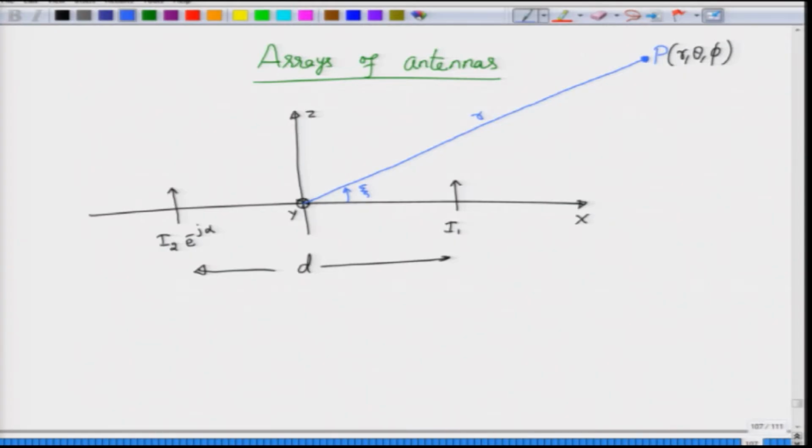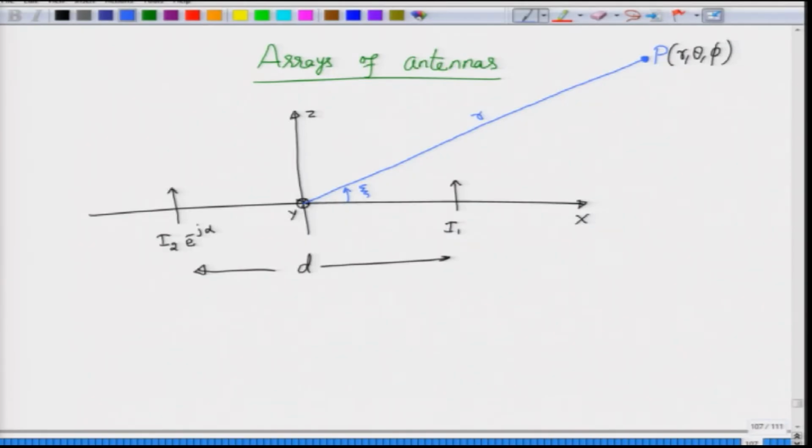The only angle that I can properly give in this diagram is the angle theta. The other angle, which the line from the origin to P makes with respect to the x axis, is denoted by zeta, and please understand that this zeta is not phi, because I can move this position point P.